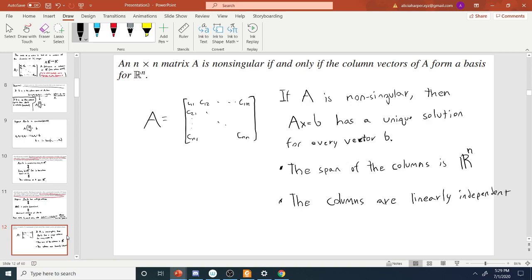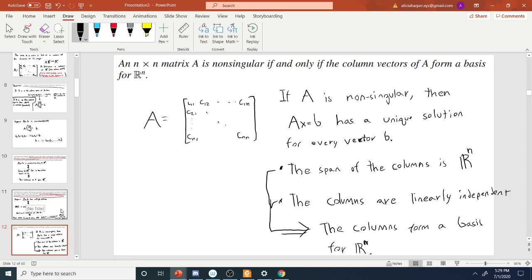And since both of these conditions are true, they together imply the columns form a basis for Rn. So this result follows directly from the result we just proved.